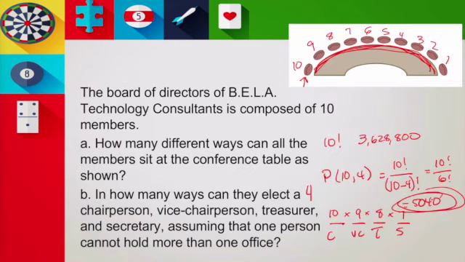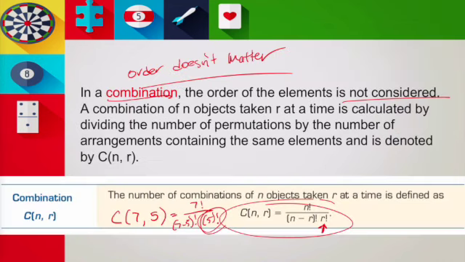For instance, here was a permutation. There's a difference between Bob being chairperson and Alice being vice chairperson, and Alice being chairperson and Bob being vice chairperson. In a combination, those two would be considered the same because they're both Alice and Bob. And so that's why you get fewer. You're eliminating the duplicates.